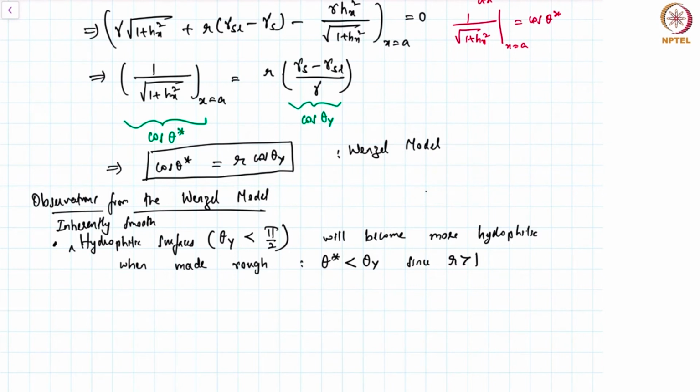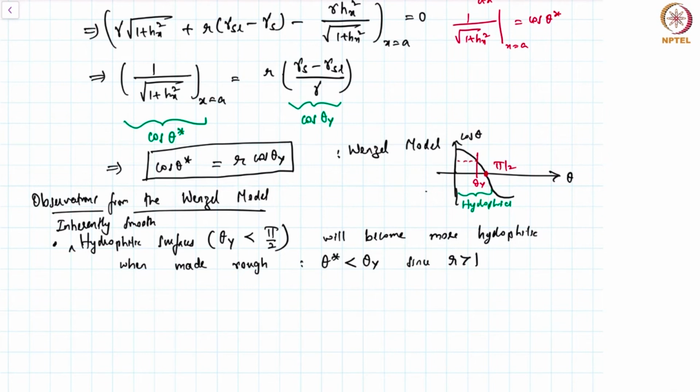We will just make a quick sketch of this. This is the cosine function, and this quantity is pi by 2. So if you're in the hydrophilic regime, this is hydrophilic. For these angles, we are talking about this theta versus cosine of theta. What I'm essentially describing is a case where if your Young's angle is this, that is theta y, then you need to have a value of cosine of theta star which is larger than cosine of theta y.